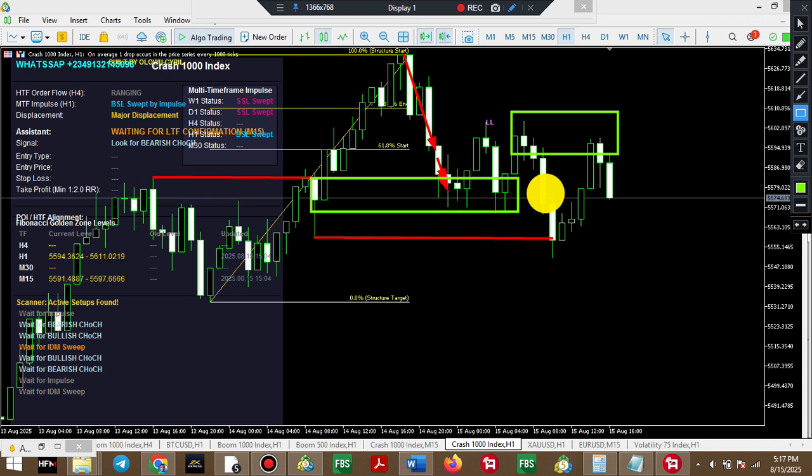We saw the impulsive move, we saw the move back, we saw the change of character, because this was our initial lower low. It's supposed to be a lower high. There's an interpretation of the structural level on the system, which has nothing to do with it and doesn't have to affect you, because definitely you know what a lower high looks like.